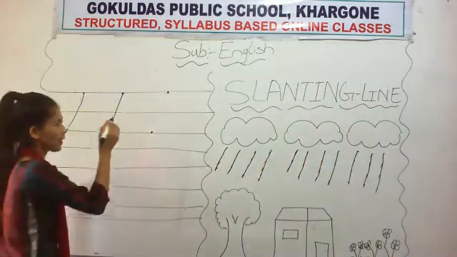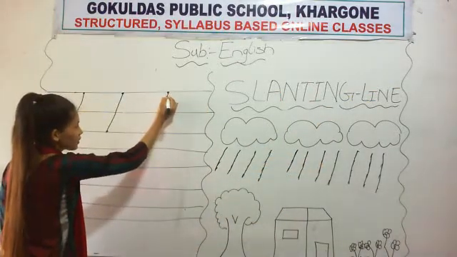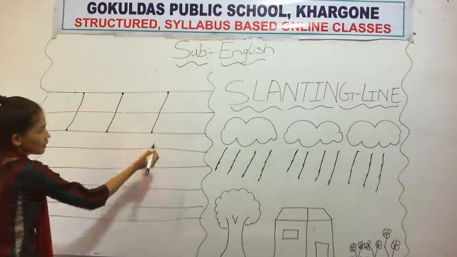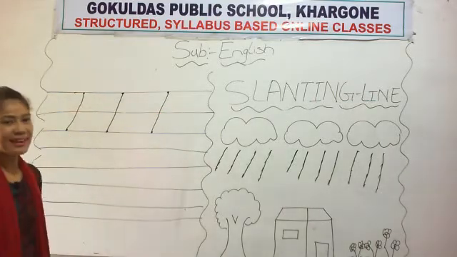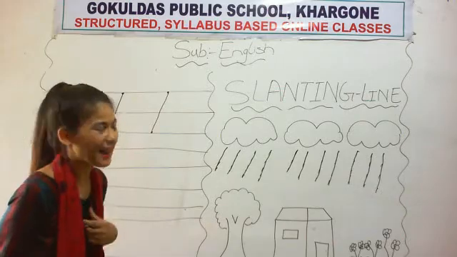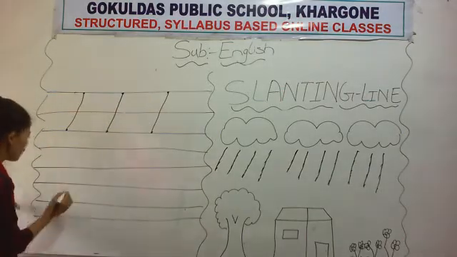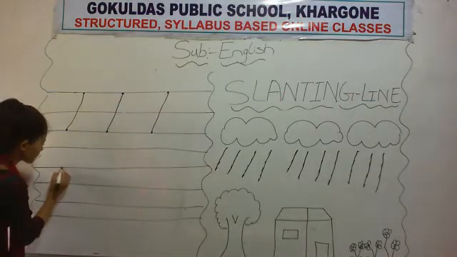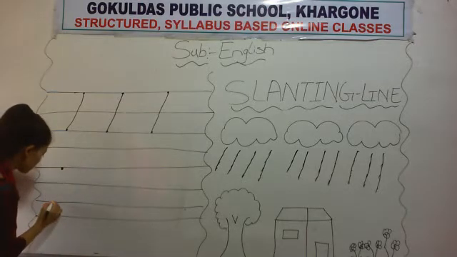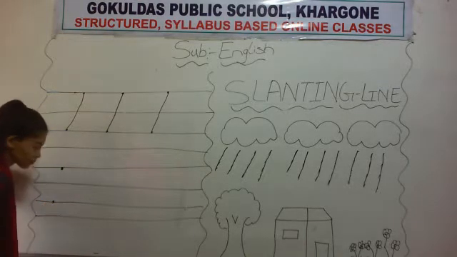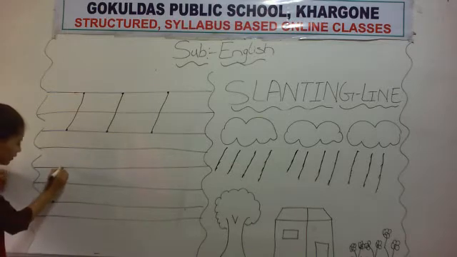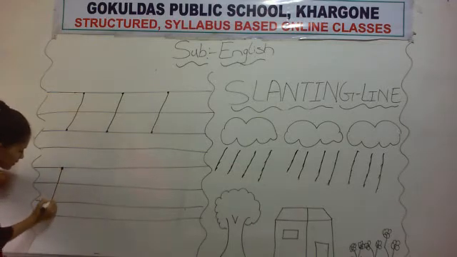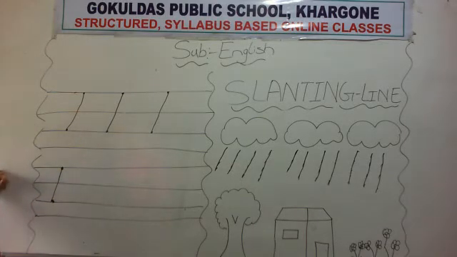Okay. Now see how to make slanting line again. Which line is this? Slanting line. Now make a dot. Make a dot. Okay, see how to make. This is slanting line.